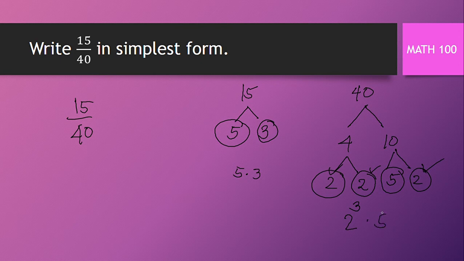Now, the concept of the GCF is only for us to check which numbers are common between the two numbers. The common number is 5 only. So this one is 5 and this one is 5. It contains the same exponent, which is 1.